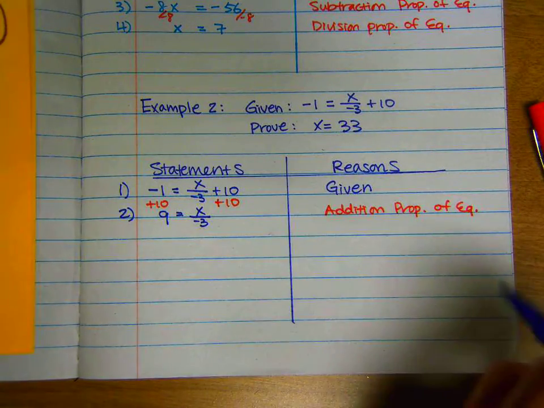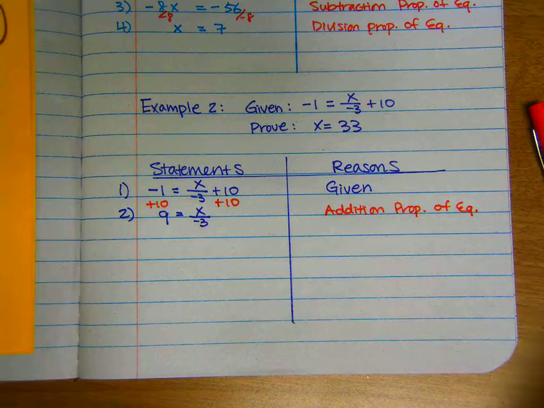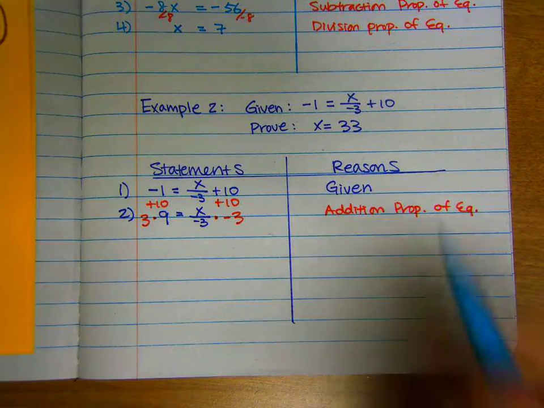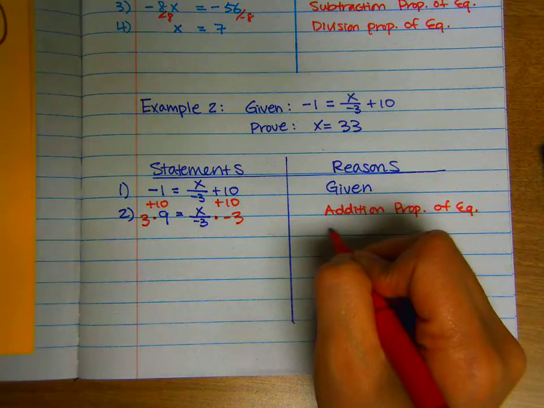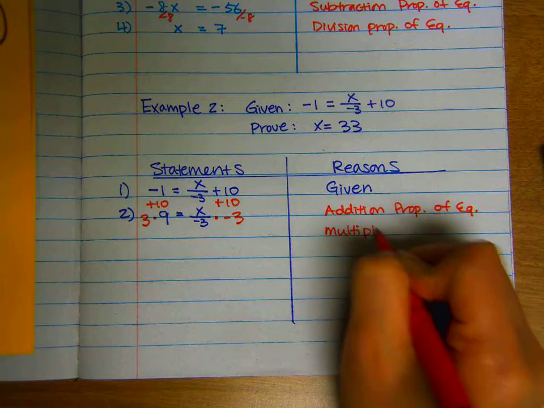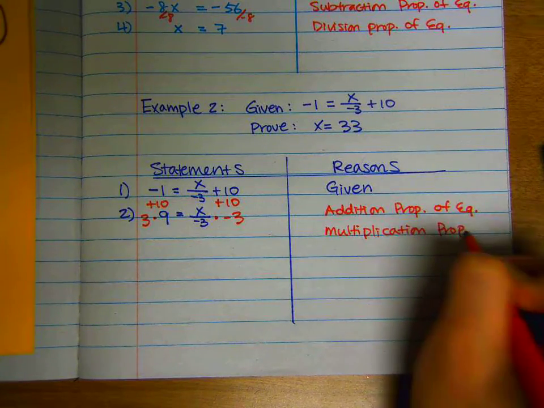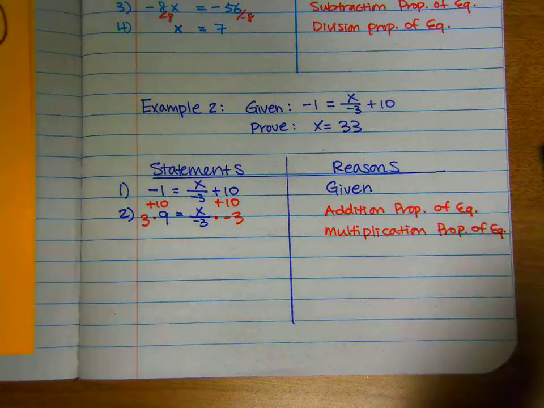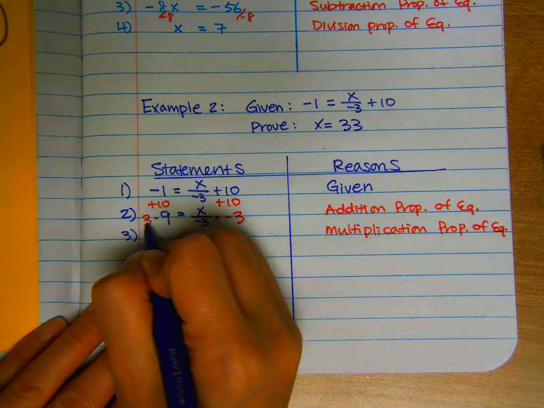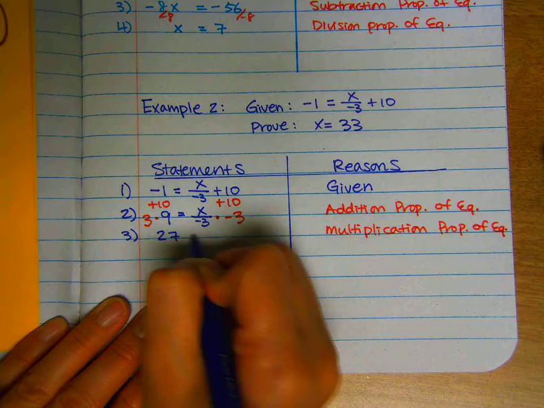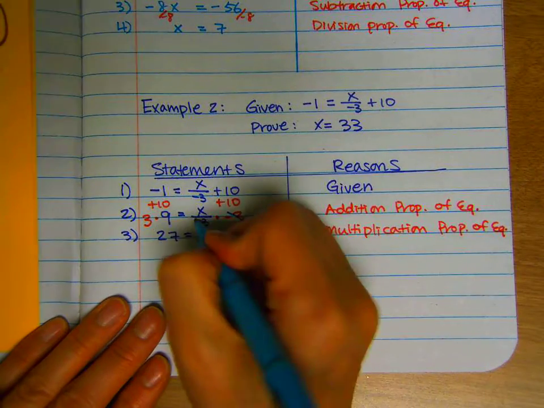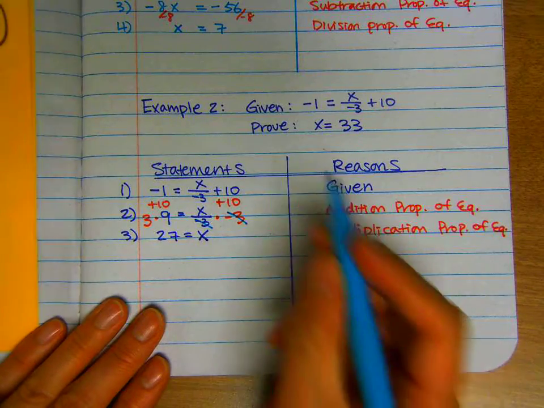We need to cancel out the negative 3, so we need to multiply by negative 3 on both sides. So we can say it's the multiplication property of equality. So 3 times 9 is 27, is equal to x, because they cancel out.